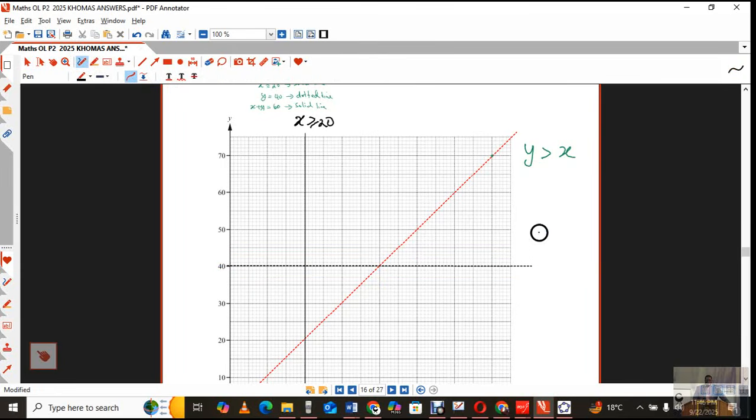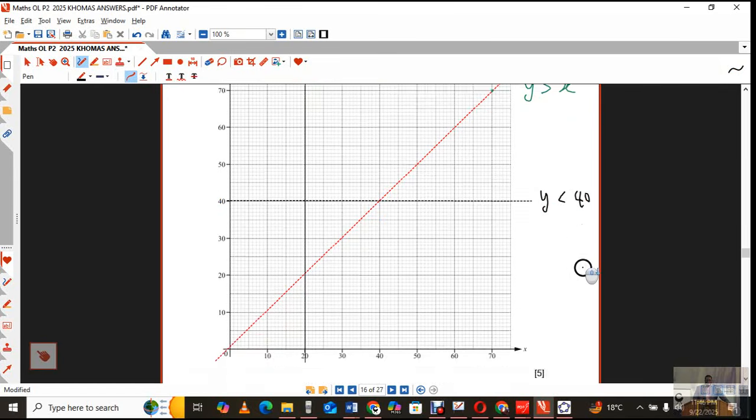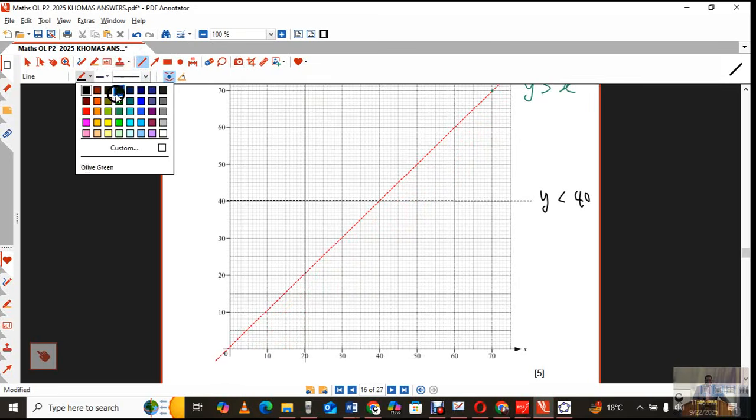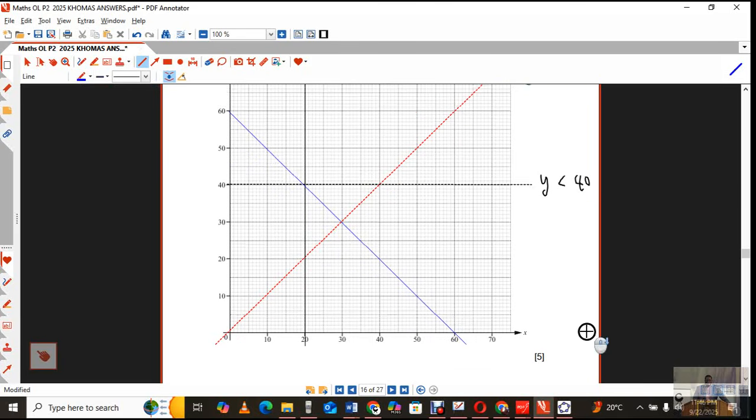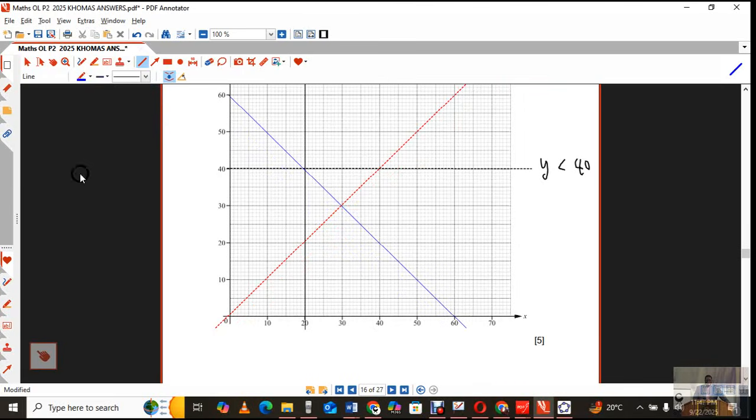This one's the line y is less than 40. Then the last one is x plus y equals 60. So that one goes from 60 to 60. So that is a solid line, from 60 to 60. So this is the line x plus y is less than or equal to 60.